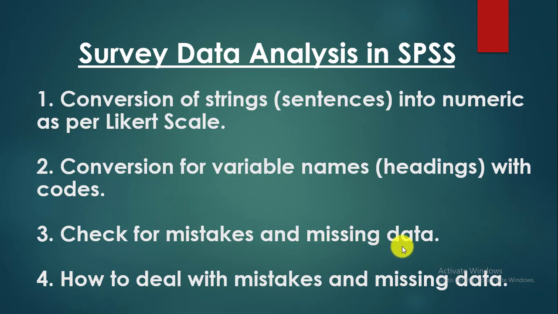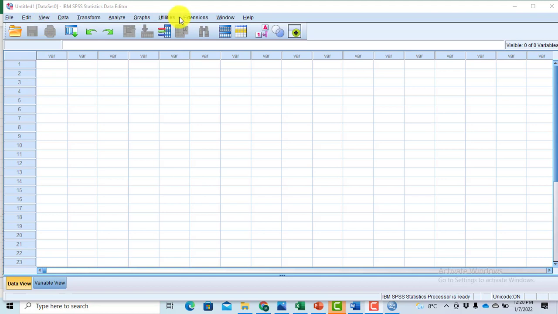And for missing data, I'm going back to the Excel sheet. One thing more, to check for mistakes and missing data, we will have to export this Excel file into SPSS. I'm going to tell you how we can import this Excel file into SPSS. I have opened SPSS.